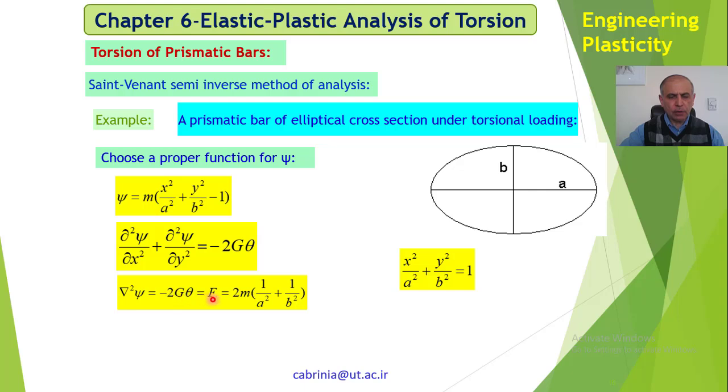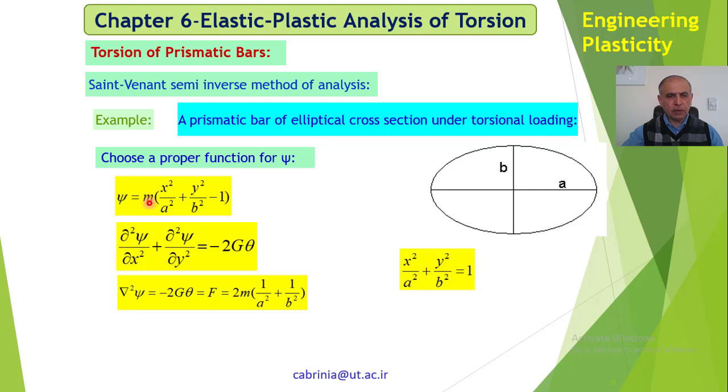Minus 2g theta is a constant because g is a constant and theta also is a constant. For a certain torque, theta is a constant. So we could say that this is a constant, f. So here you can see we obtain m equal to f divided by 2 times these, and these are constants as well. So m is constant.